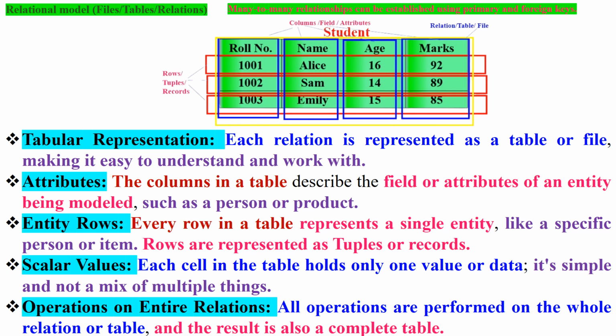It's simple and not a mix of multiple things. Operations on entire relations. All operations are performed on the whole relation or table, and the result is also a complete table. The relational data model represents many-to-many relationships which can be established using primary and foreign keys. Primary and foreign keys will be discussed in the next video, Relational Database and SQL Part 3.